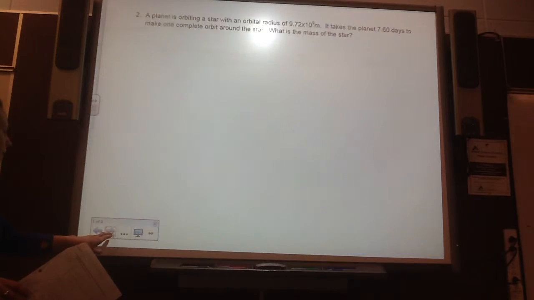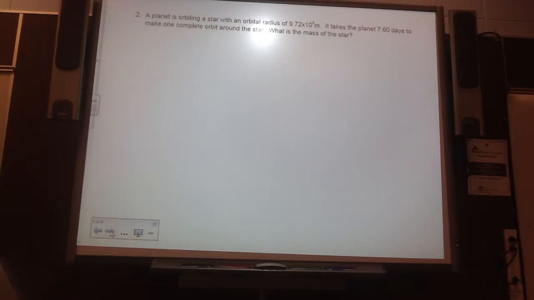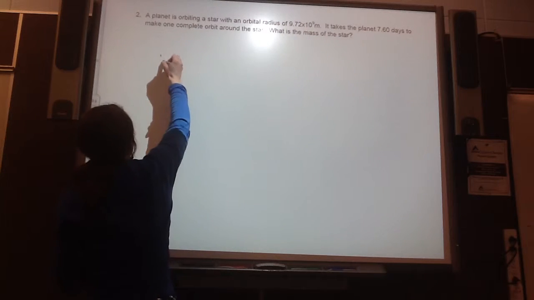So that being said, let's look at this second example. A planet is orbiting a star with an orbital radius of 9.72 times 10 to the 9 meters. So we know that that's R. That's the R we get to use in our formula.